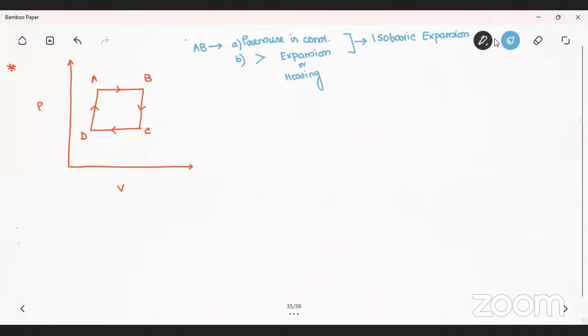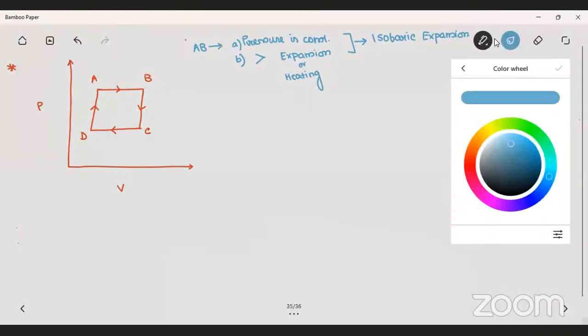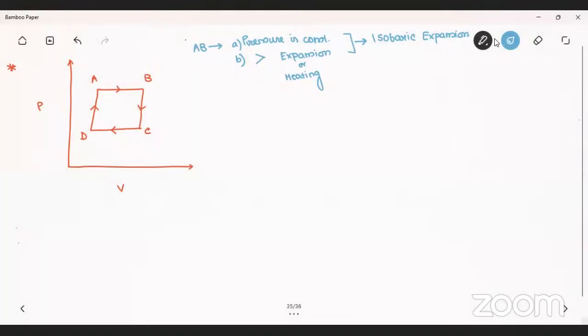If our volume was constant, then our line will be going parallel to pressure. Up to this clear? Yes, ma'am. So here in the question, this line is parallel to volume, so pressure is constant.